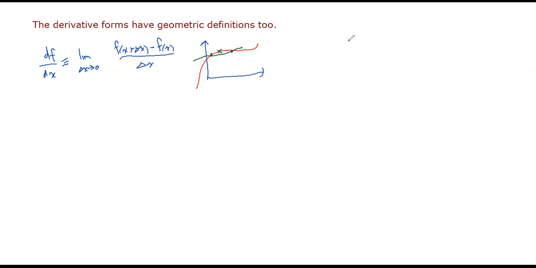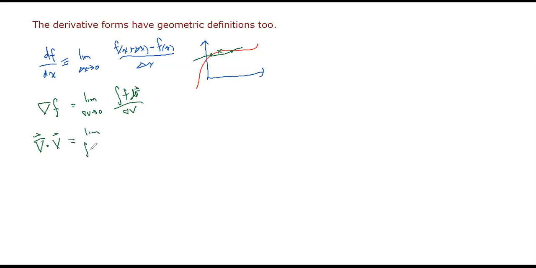So these also exist for div, grad, and curl. So the gradient of a scalar function is defined as the limit of a little bit of volume, delta v goes to 0, of integral f d sigma over that little delta v. And the fundamental, geometric definition of the divergence of a vector field.